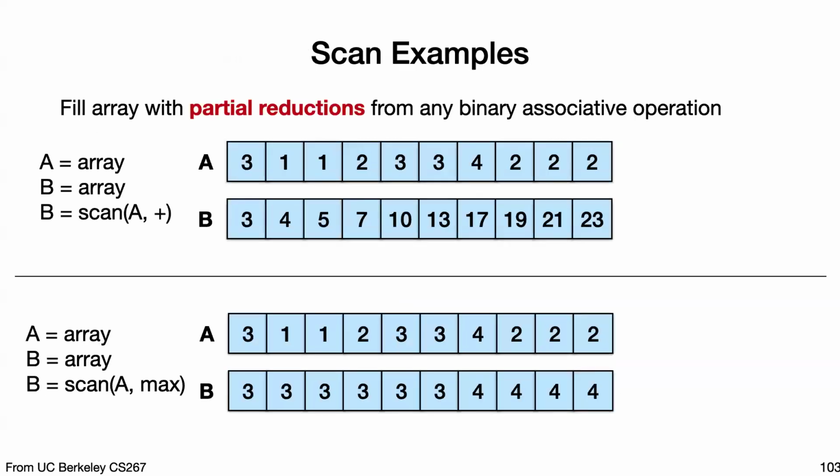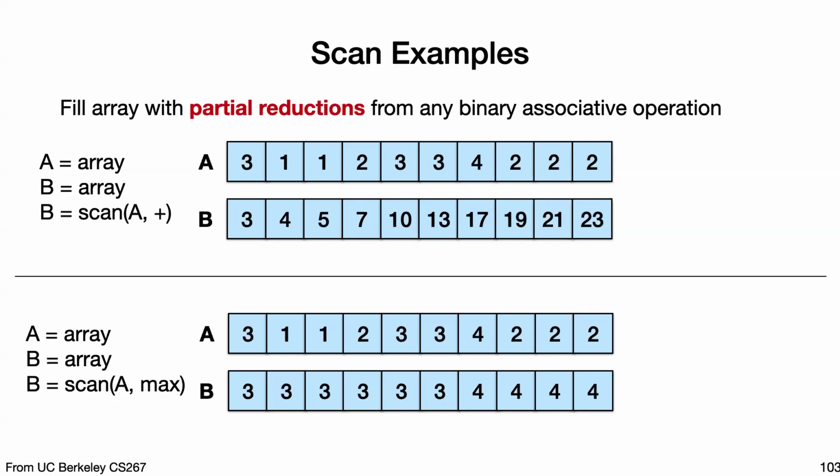So here are some examples. We have two arrays. We want to compute the prefix sum. A is the input array, and B is the output. The first element is 3. Those are matching. The second element in the output is the first two added up, so 3 plus 1 is 4.